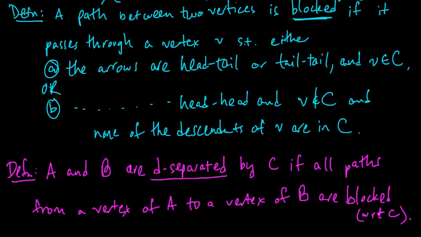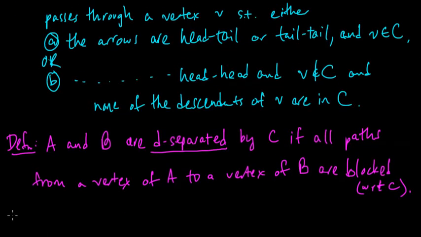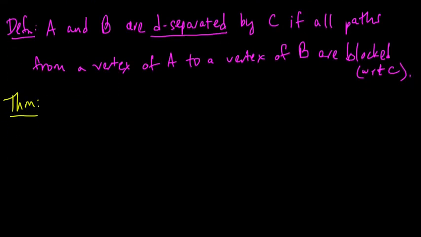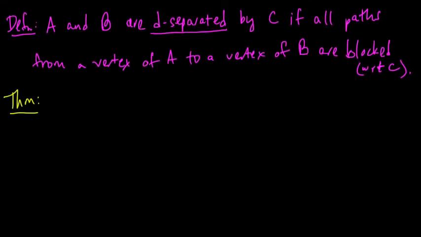And here is the theorem. This is important. This is the D-separation theorem. D-separation, I think, stands for directed separation, as opposed to just separation in an undirected graphical model.